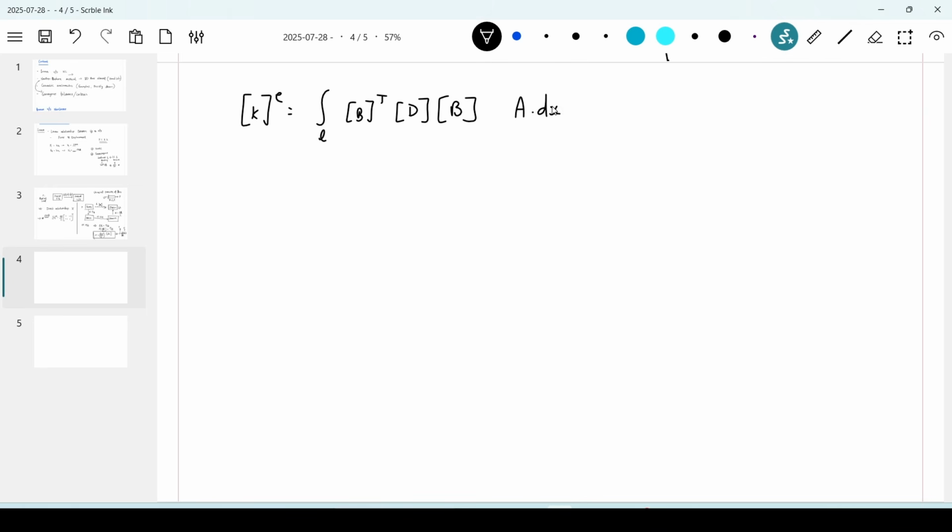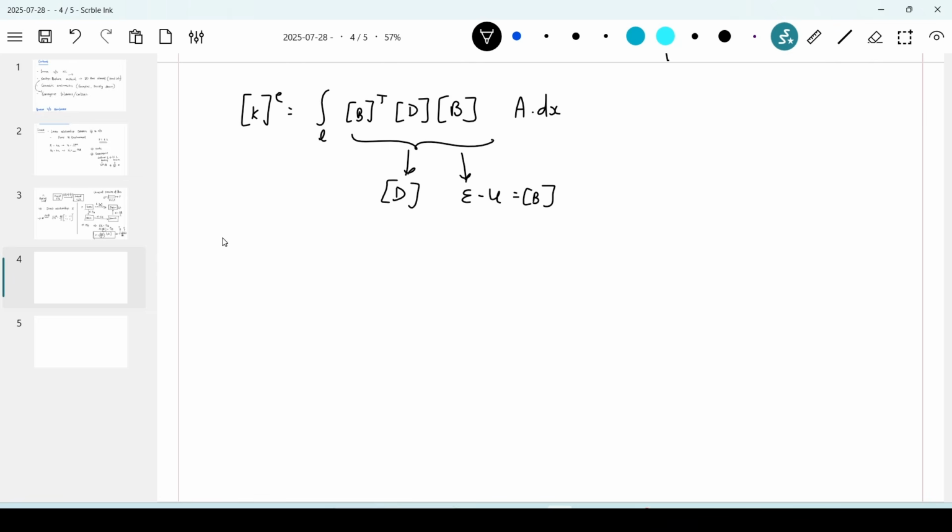This is kind of a revision also. Here we use the relation between sigma and epsilon, which is D, and then the relation between epsilon and U, which is the B matrix.